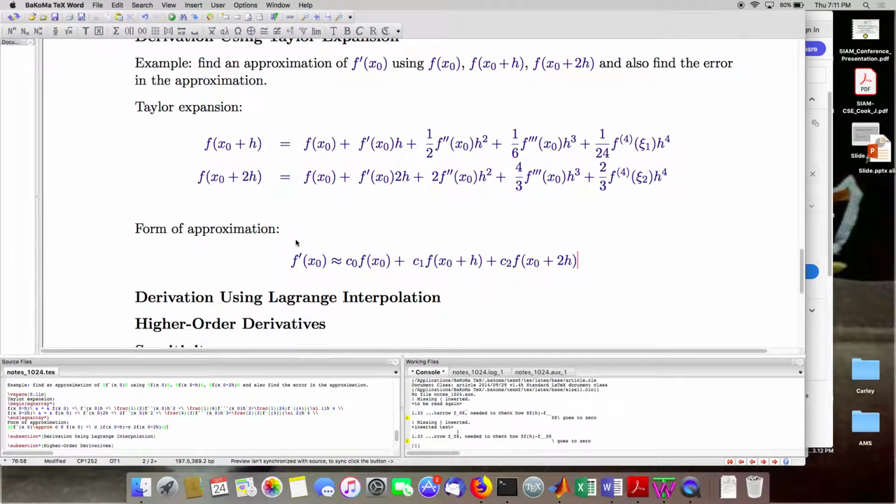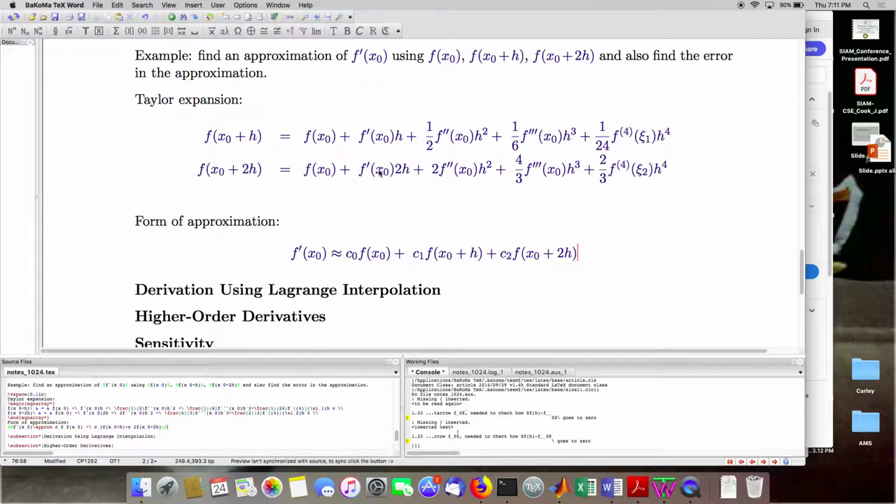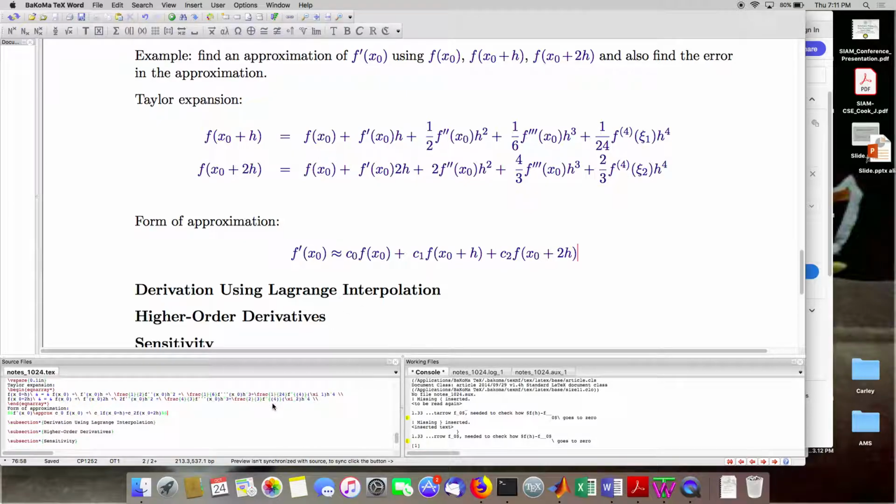The idea is to substitute these Taylor expansions into here and here, and get a system of equations that we can solve for our unknowns, C0, C1, C2.